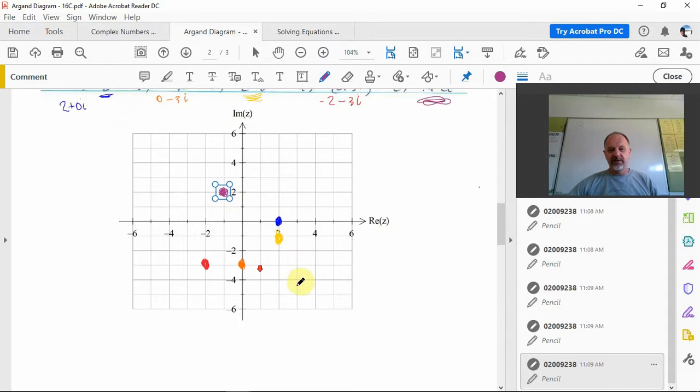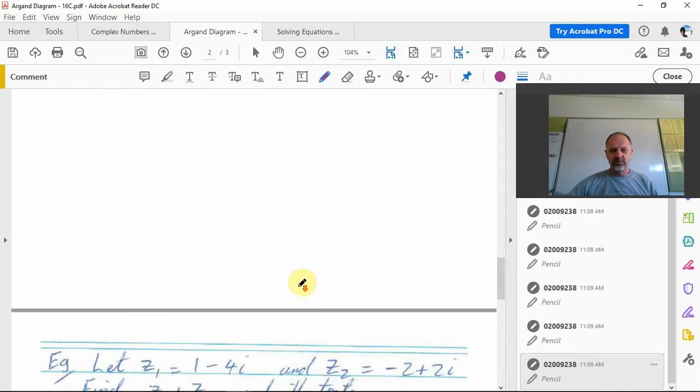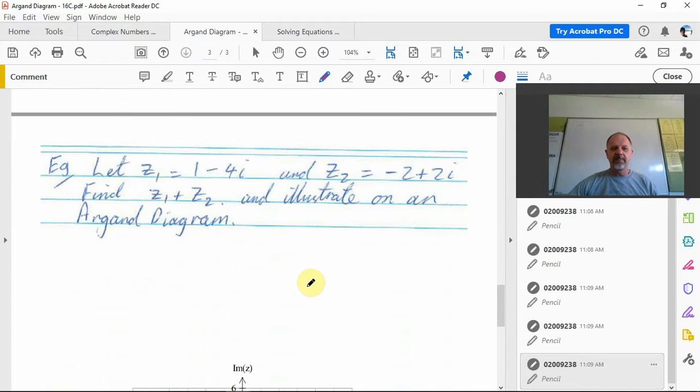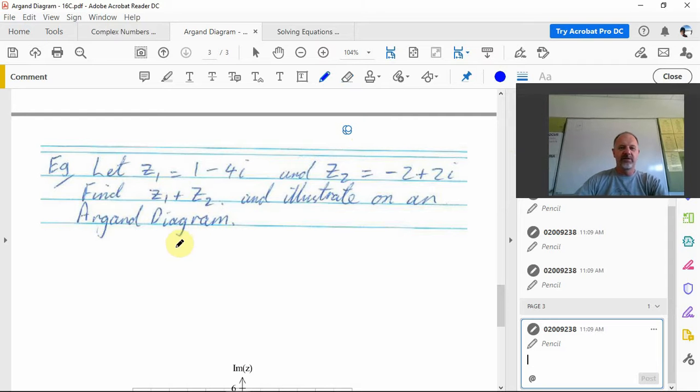Alright, so let's have a look at another example, which says: let Z1 equal 1 minus 4i and Z2 equal negative 2 plus 2i. Find Z1 plus Z2 and illustrate.